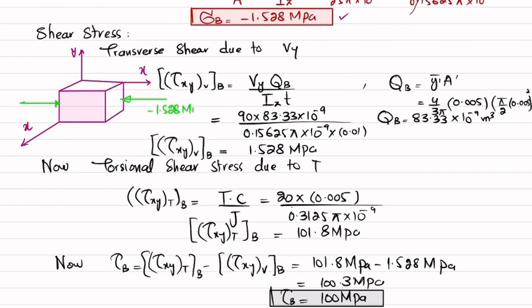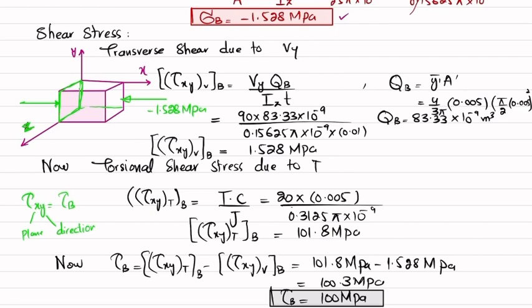This will be minus 1.528 megapascal. And tau of xy is equal to tau B, where x represents the plane and y represents the direction. So x plane means the yz plane. If I draw it like this, this is the xy plane, and this is the yz plane, so this plane is the x plane.